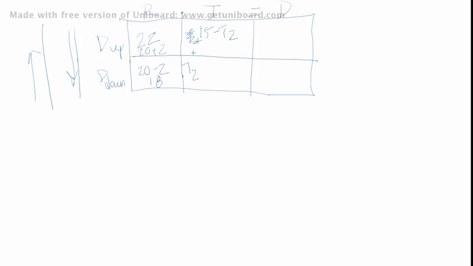Something else you can do up here is just assign x to be the time. And so you have 15 minus x as the time up there, and this time is just unknown.